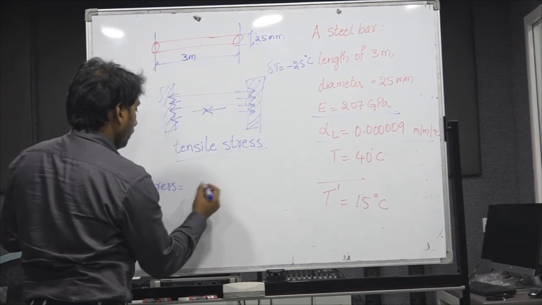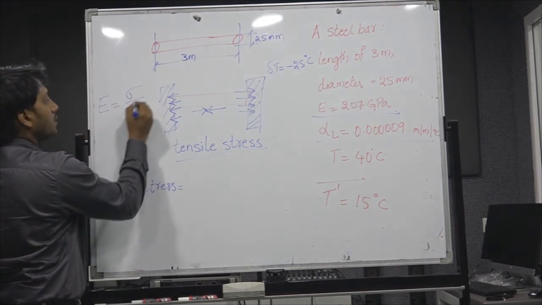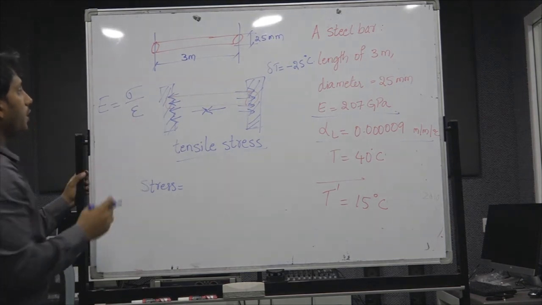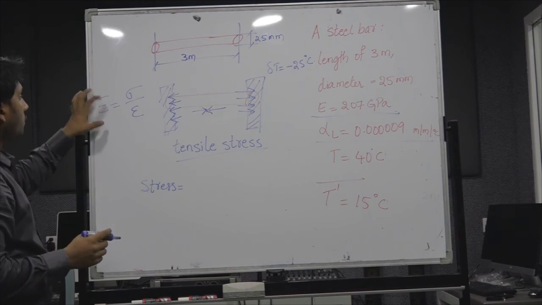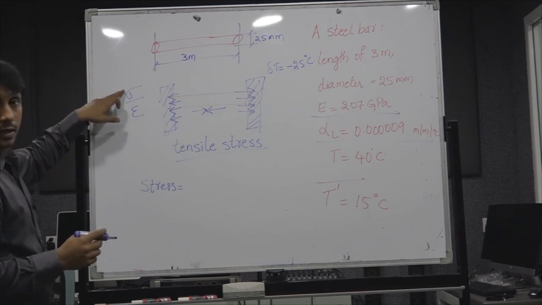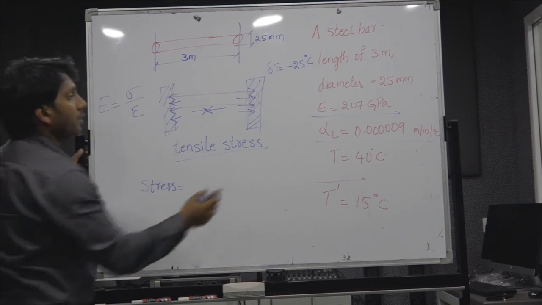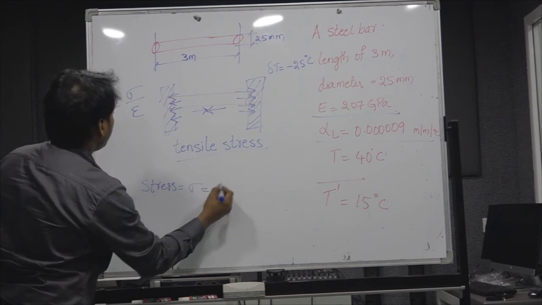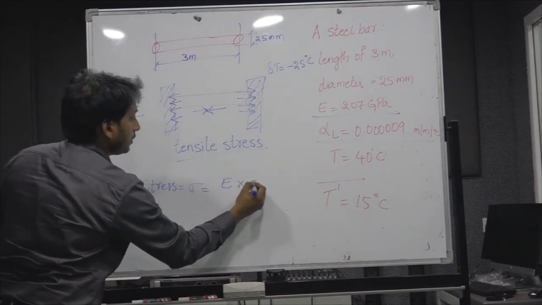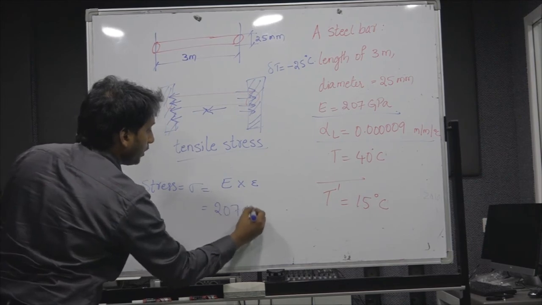We have the equation Young's modulus is equal to normal stress by normal strain. We have calculated the strain, and Young's modulus is already given as 207 GPa. So sigma can be written as Young's modulus into strain.